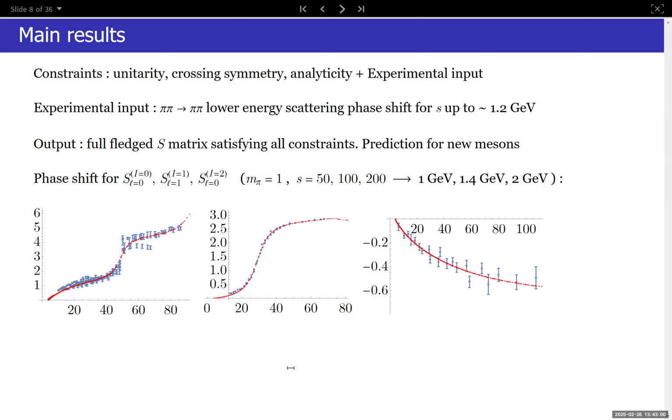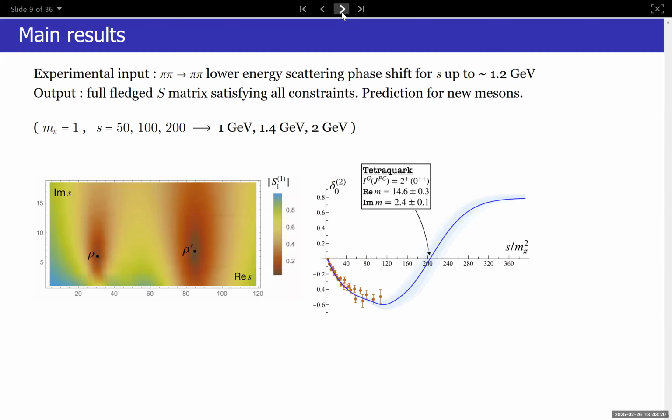So in those plots, the blue is from experiment data, and the red is from the S matrix we constructed. So indeed we can construct the S matrix in the low energy that matches the experiment.